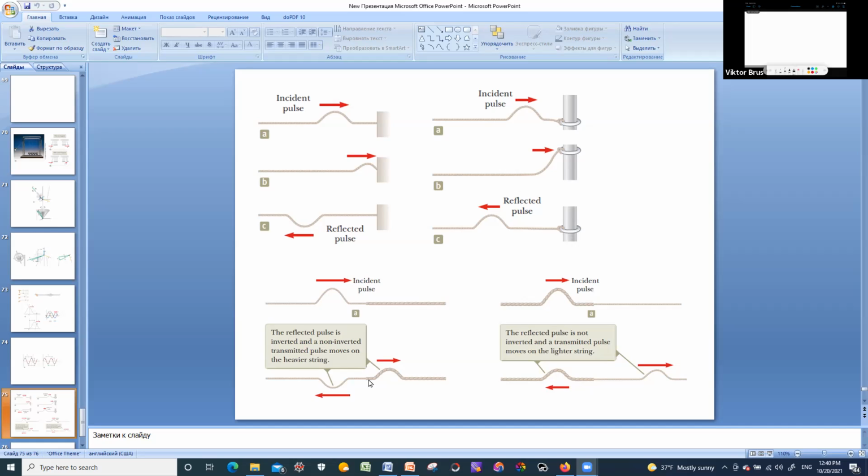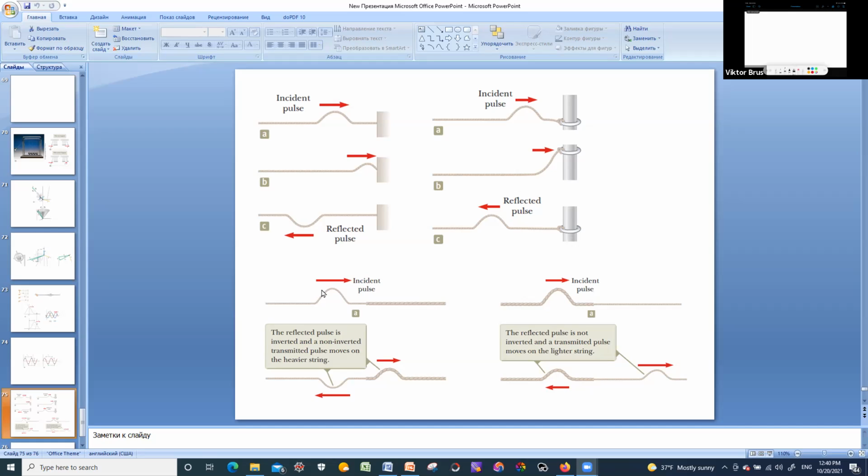And there is some energy of this incident pulse which is transferring to another rope, which is thicker. And in that case, we have a transmitted pulse in the same phase as the incident.